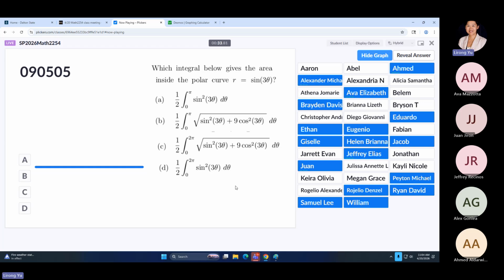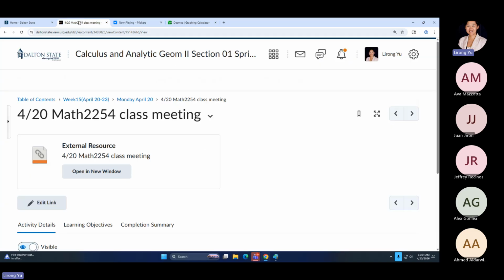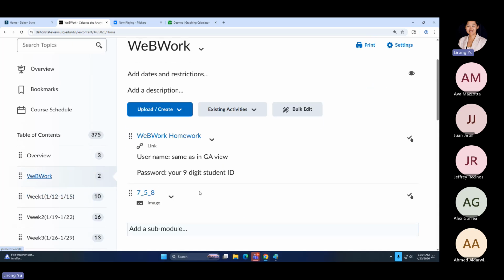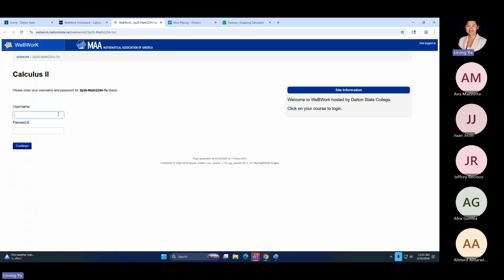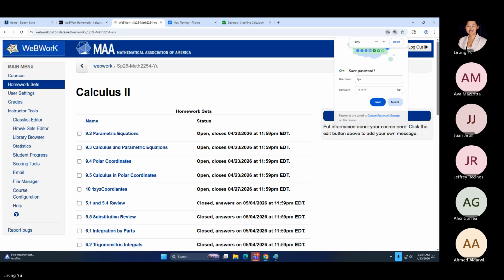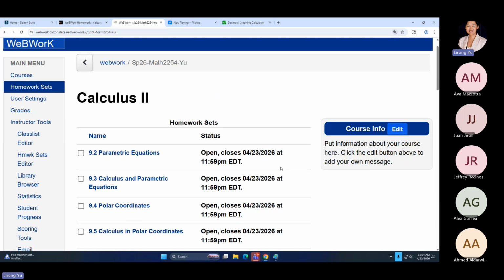All right, so we pretty much finished what we planned for 10.1. I posted a homework for 10.1, which is basically determining the right graph. Online, define the homework.